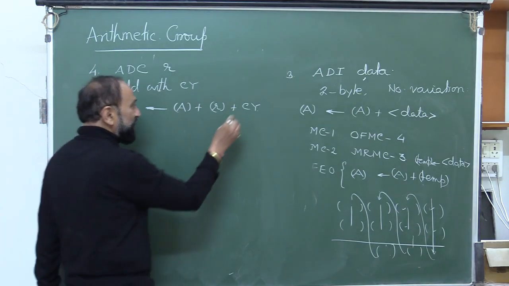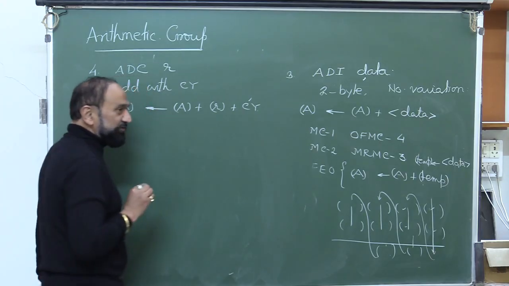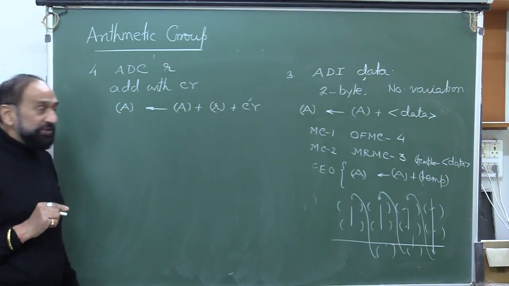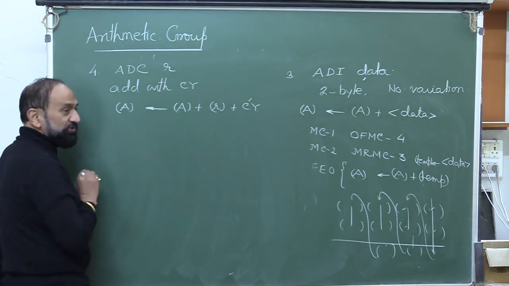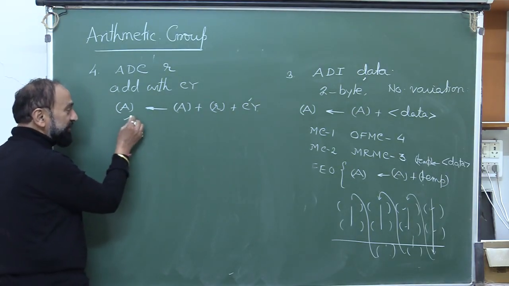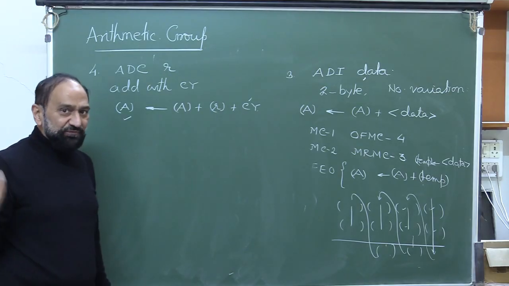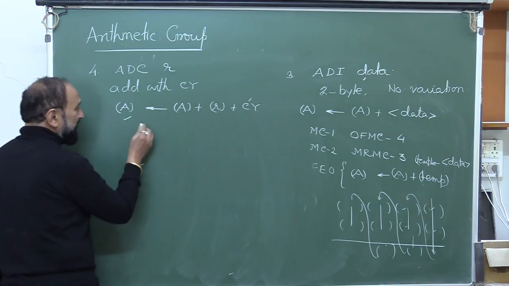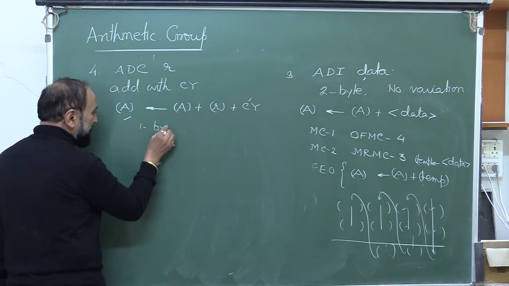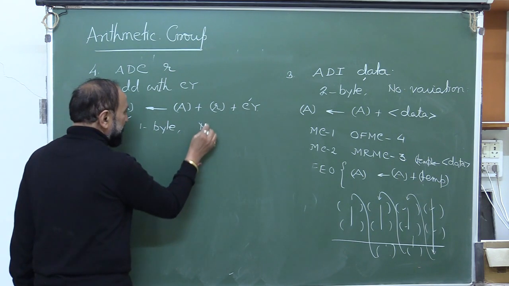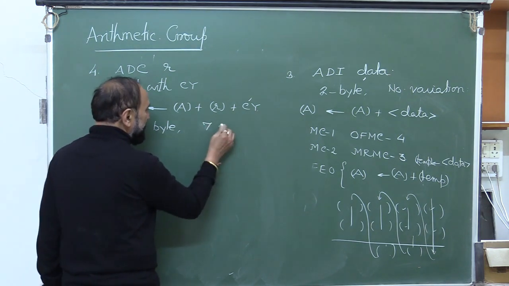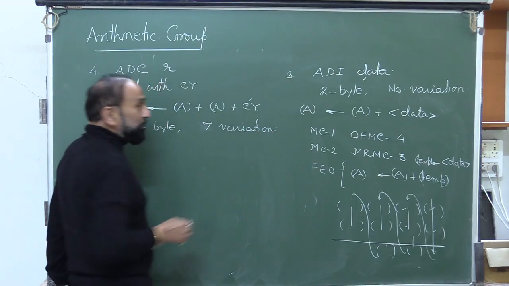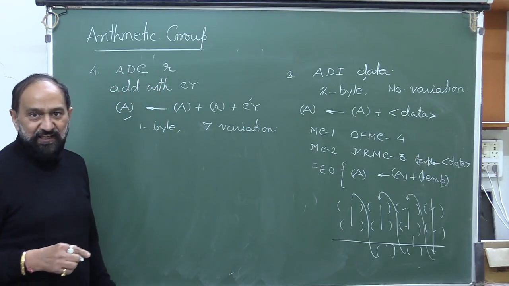It takes care of whatever is the previous carry, 1 or 0, that is taken into account in addition, and the result is stored. This operation affects all the flags just like the normal case. So it's a single byte instruction, but it has 7 variations. Register R can be B, C, D, E, H, L and accumulator.